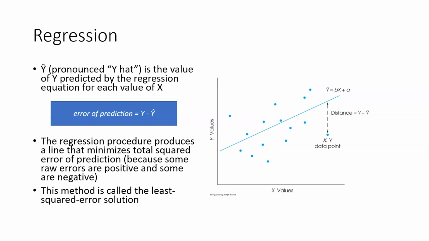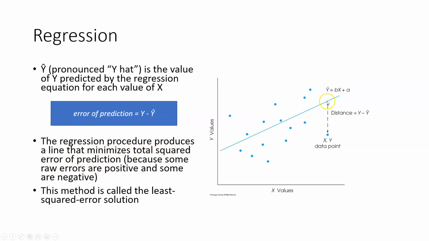So in order to get around that, we have to first blow them up and then shrink them back down by squaring all the deviation scores, figuring out the average, and then shrinking it back down by taking the square root of it. We do the same thing in the regression equation, where we square the total squared errors of prediction.